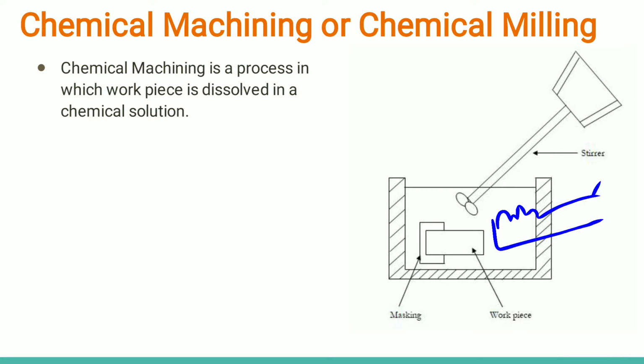A rising temperature aids good removal of the material, because of that we are using this heating element. If it is required we can use it, otherwise we can remove this part.